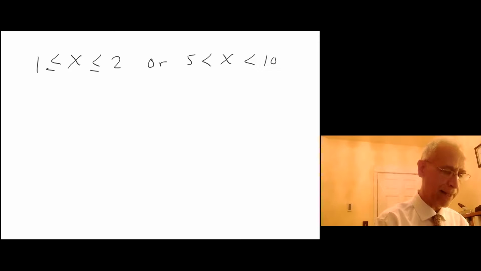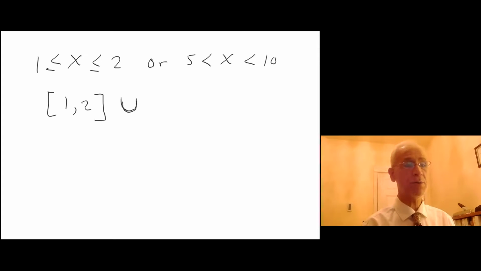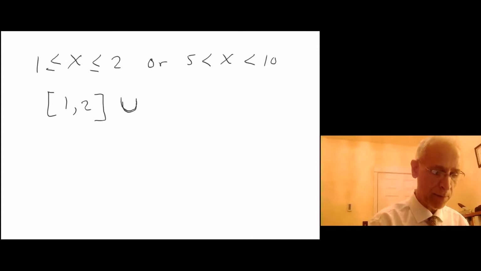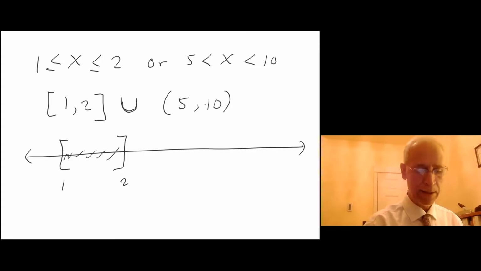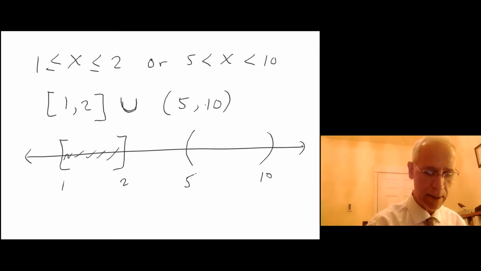Sure, I can write that as from 1 to 2 together with, or union together with, from 5 to 10. And suppose I want to show this in number line, I can say from 1 to 2, and then I can say from 5 to 10.